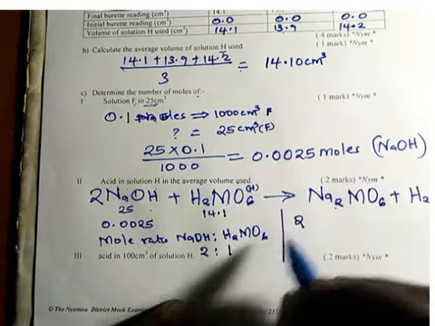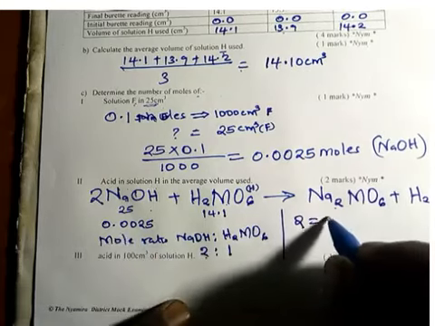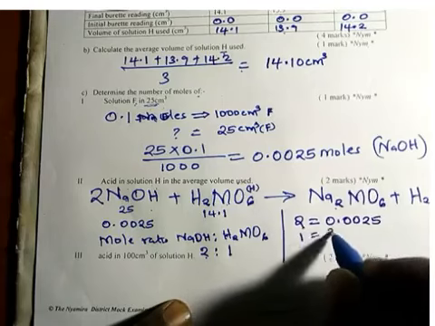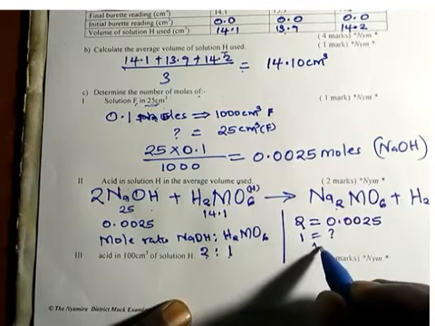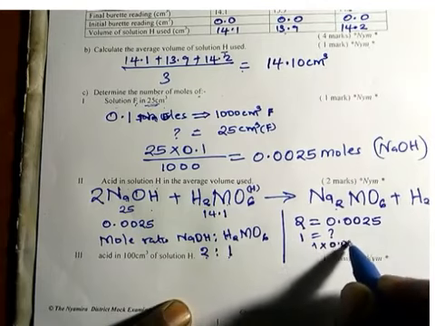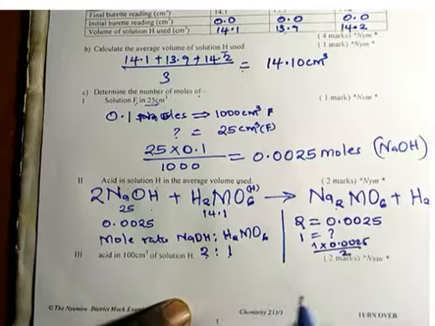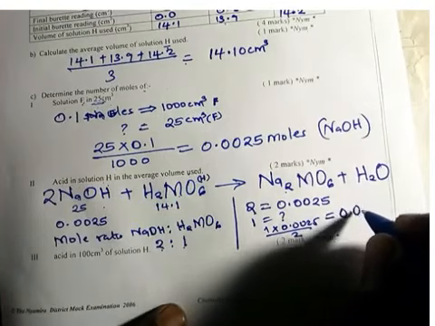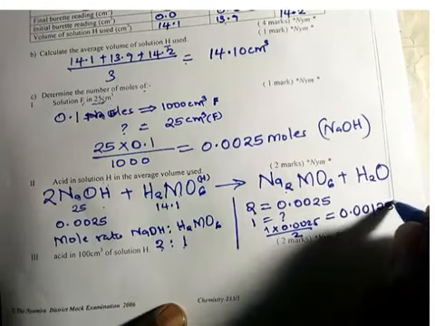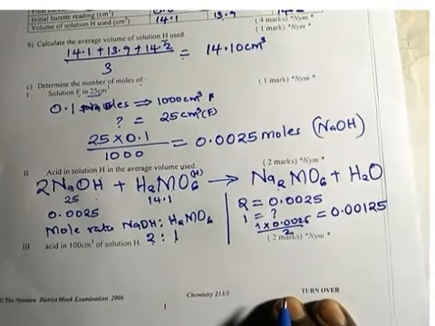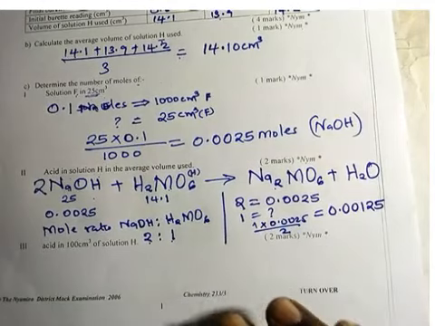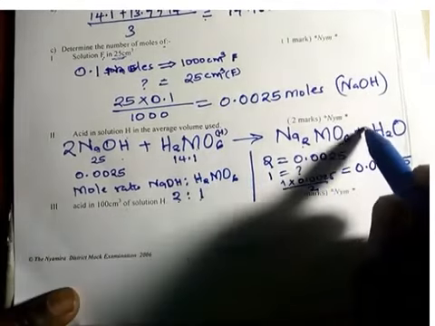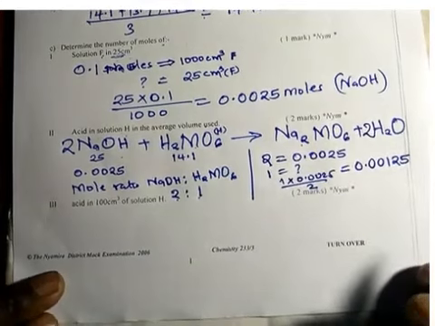So 1 times 0.0025 divided by 2. So the moles of the acid that was used is 0.00125. That is the number of moles of H. So it is important to know how to write the equation and balance it. If you don't know that, then it becomes very difficult.